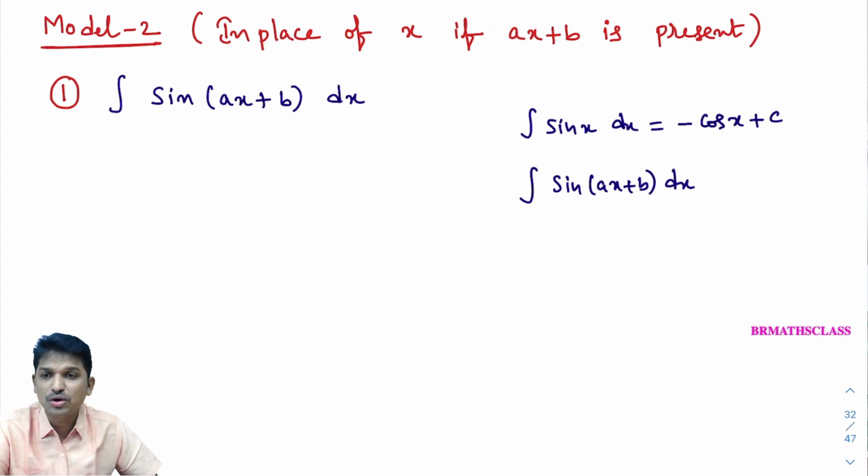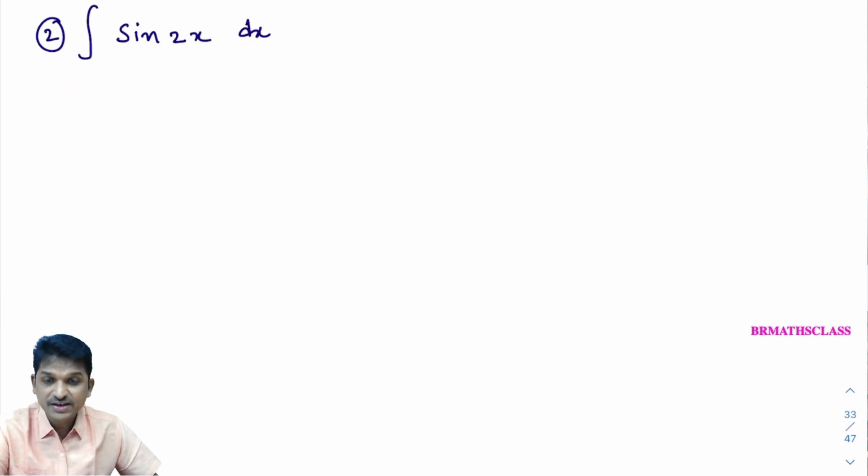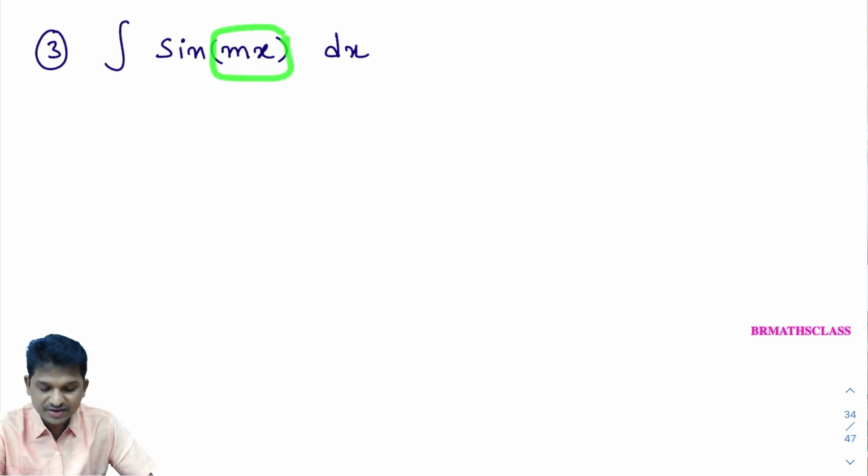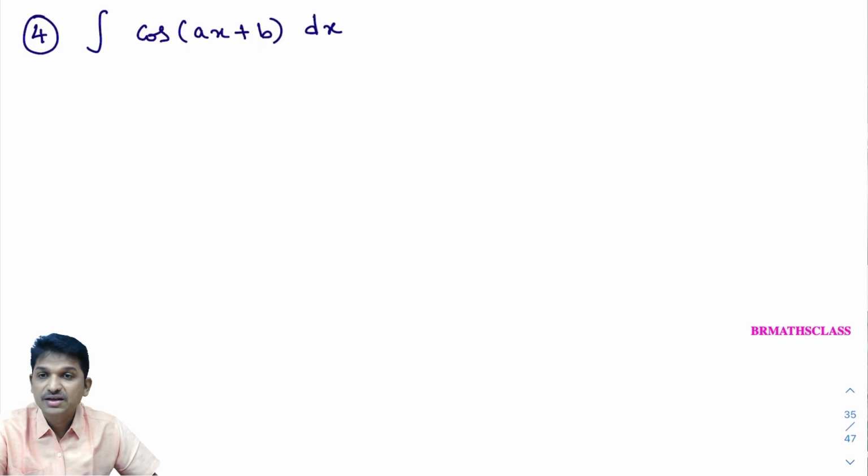I'll quickly go through all the problems we are going to do in today's class. You observe sin 2x. Here also, in place of x, ax plus b is there; 2x can be written as 2x plus 0. You learned 19 formulas. In all 19 formulas, in place of x, if ax plus b is there, how do we integrate? That is what we are going to learn in this class.